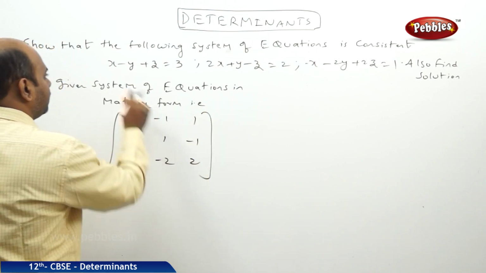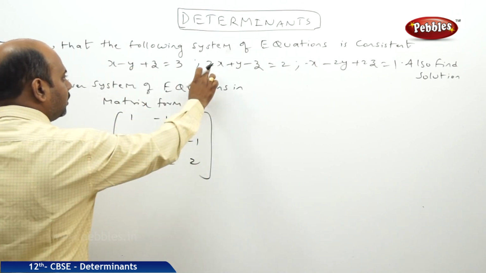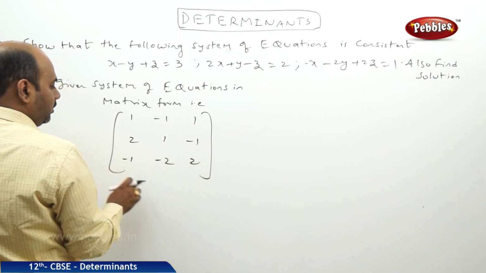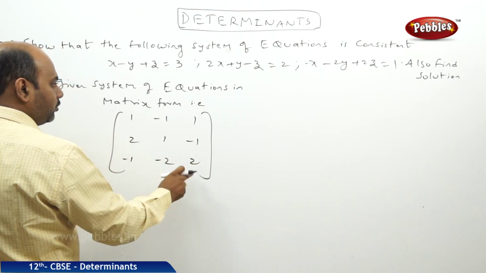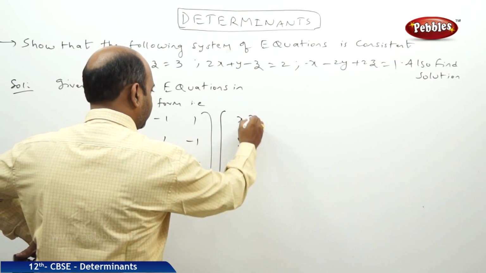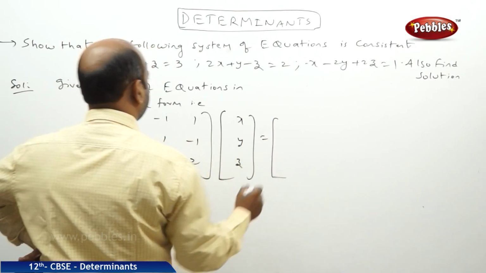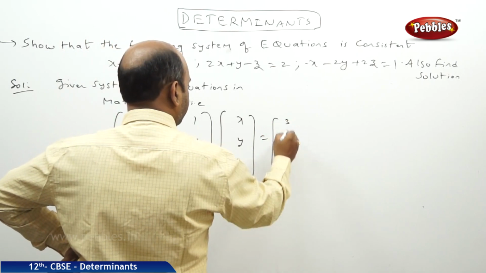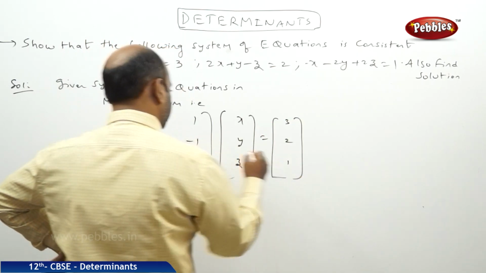We should observe carefully while writing 1 minus 1 1, 2 1 minus 1 and minus 1 minus 2 2, into x y z, that is equal to 3 2 and 1.